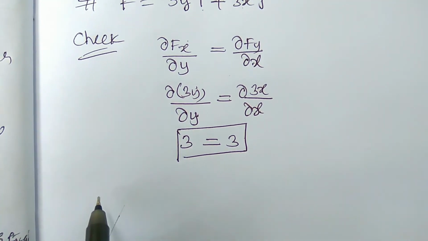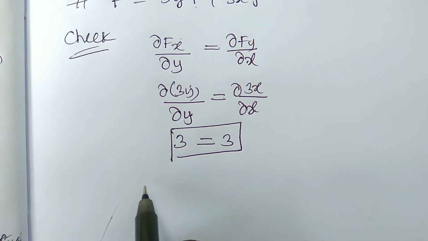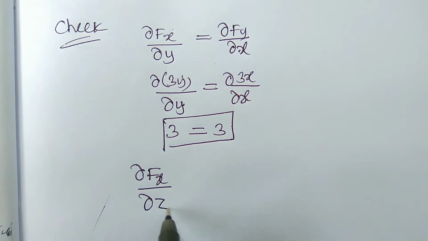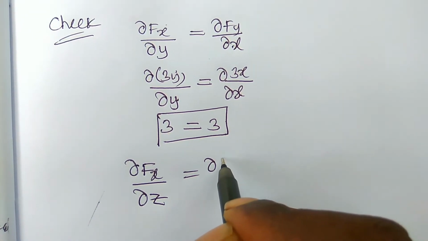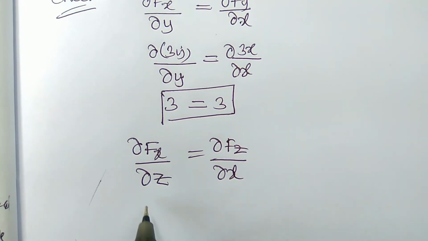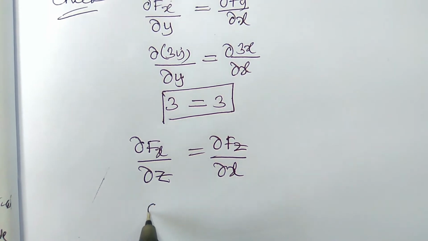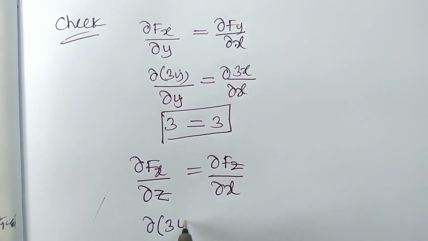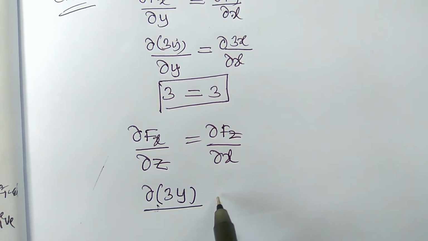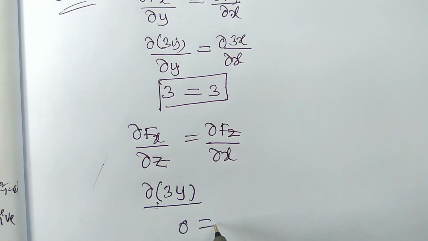And coming to condition 2. What is condition 2? ∂Fx/∂z equals ∂Fz/∂x. Right, so what is ∂Fx? Fx is 3y, and ∂(3y)/∂z is equal to 0, so we get the 0 value.